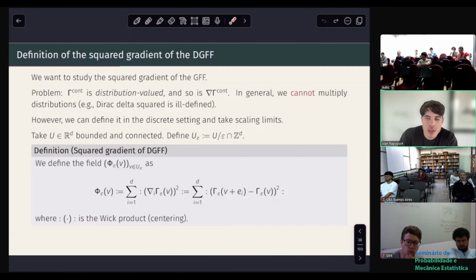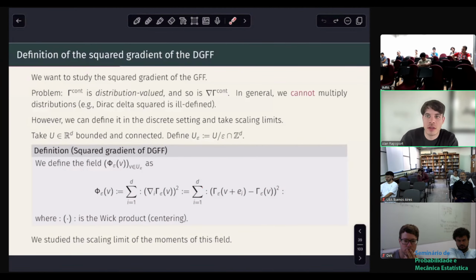We will always be interested in recentering things because otherwise, since this is basically always positive, things will blow up if we don't recenter. So this is our definition, none other than the square norm of the gradient of the GFF.